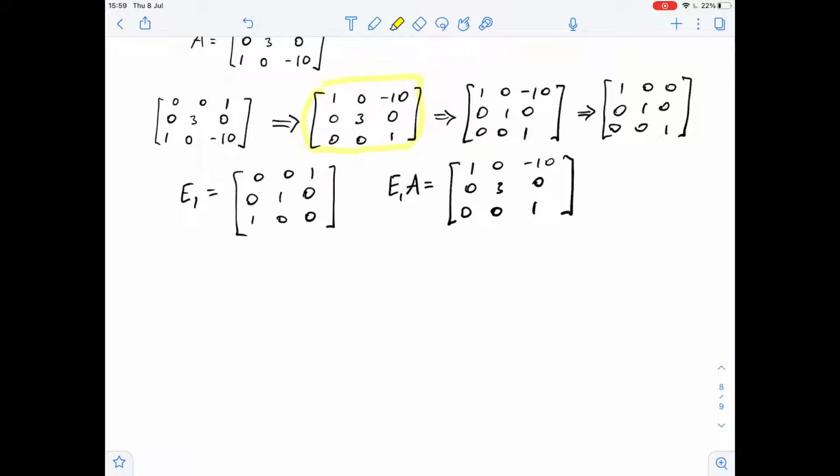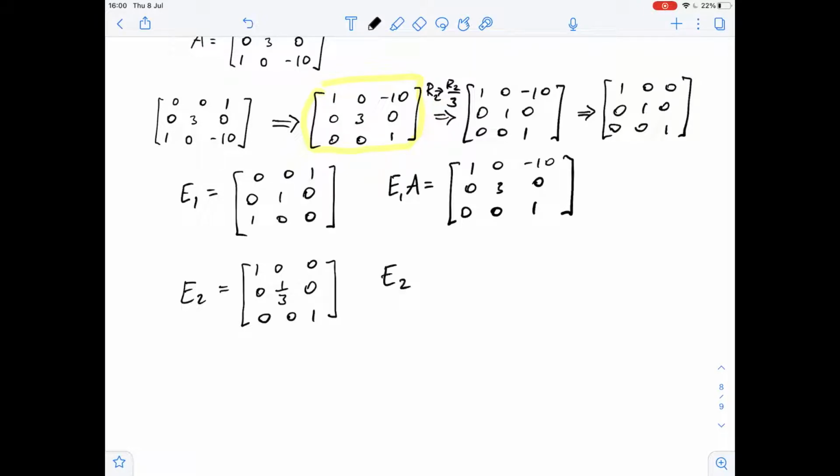Next, we take this matrix and divide the second row by the scalar 3. So here row 2 becomes row 2 over 3. Let E2 be the elementary row matrix corresponding to this operation, and it's 1, 0, 0, 0, 1 over 3, 0, 0, 0, 1.